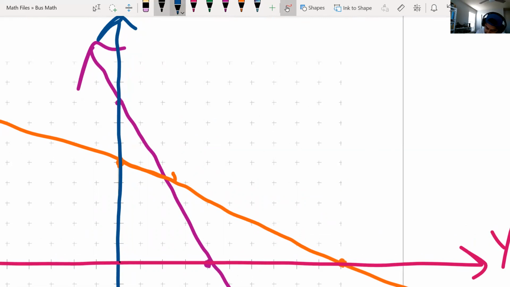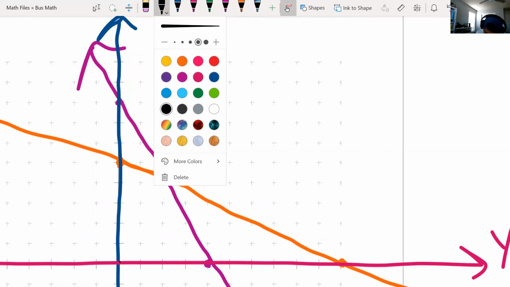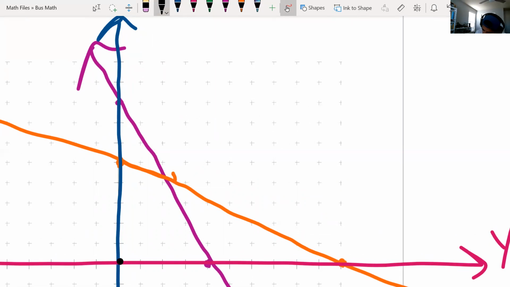Here's a corner point at 0, 0, and then a corner point here, here, and I think just here. And this is where all our lines intersect. Okay, so these are the corner points that we want.